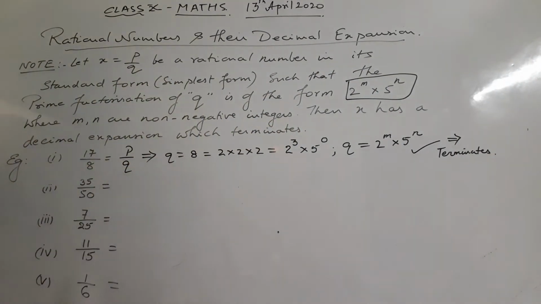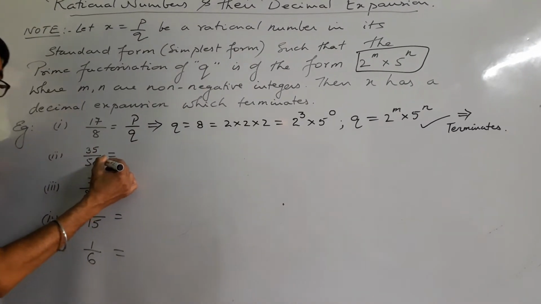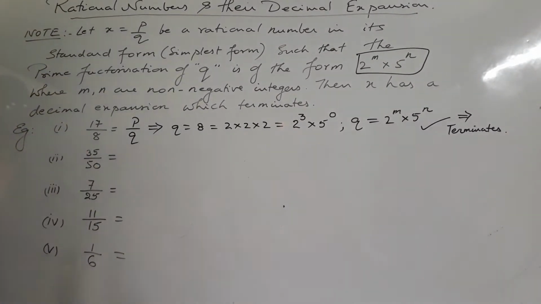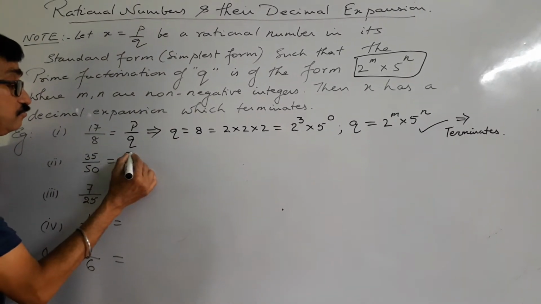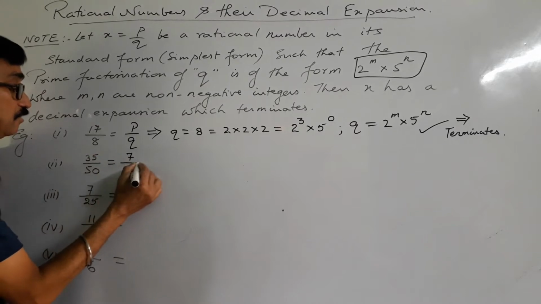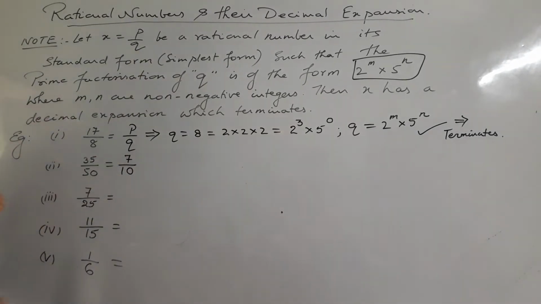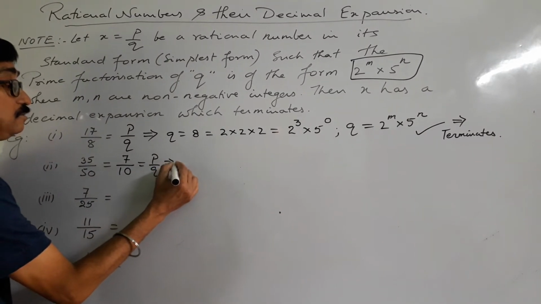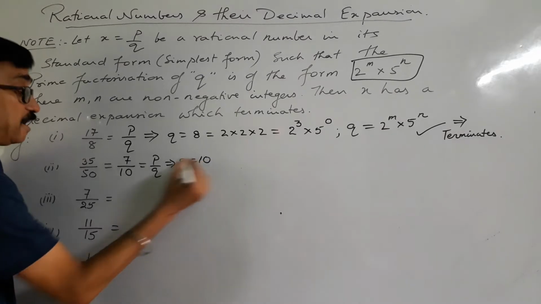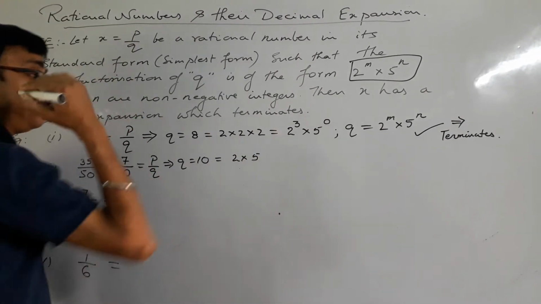Now we come to the next example, 35 by 50. As 35 by 50 is not in the standard form, if we divide by 5, 7 fives are 35, 5 tens are 50. Now it becomes in the standard form. Now we write p by q. Here the value of q is 10. So 10 has factors 2 into 5.